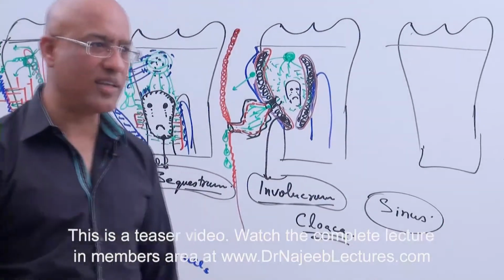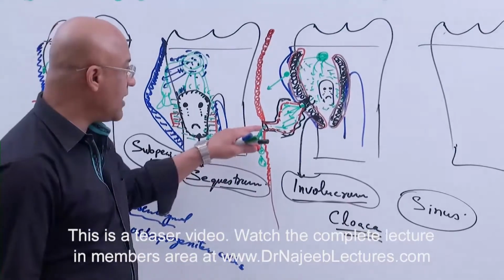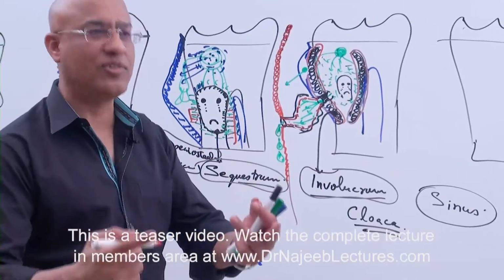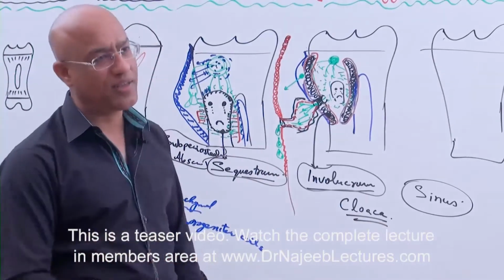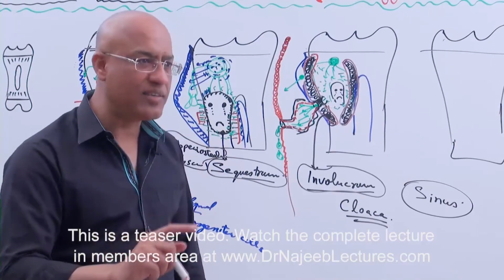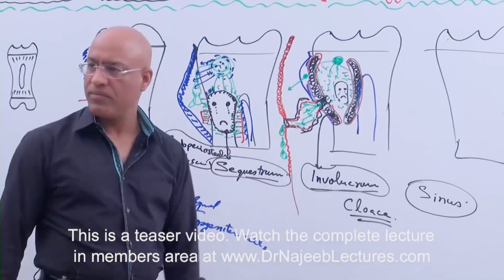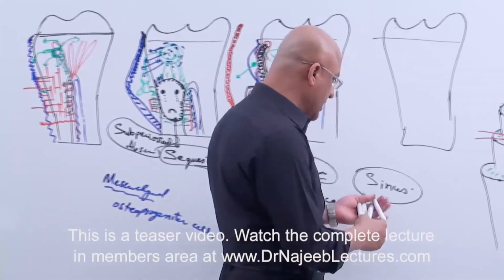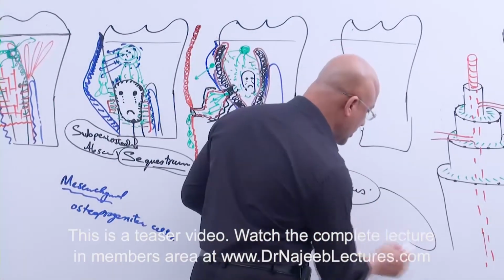Draining sinuses are eventually lined by squamous epithelium. Once it is epithelialized, it cannot close automatically. It becomes a permanent channel. Is that clear? So not only sinus formation, eventually epithelialization of the sinus occurs.